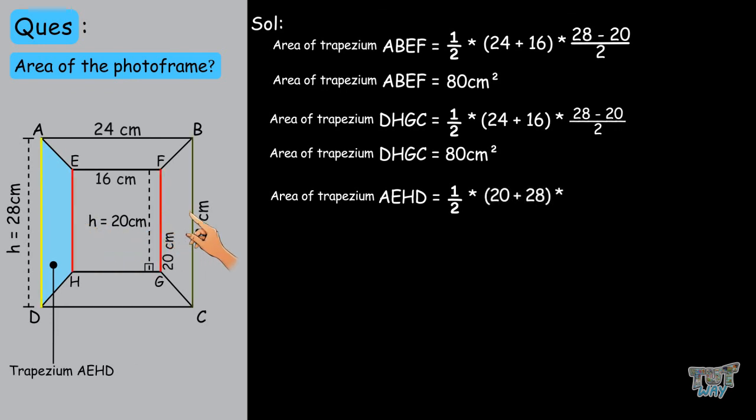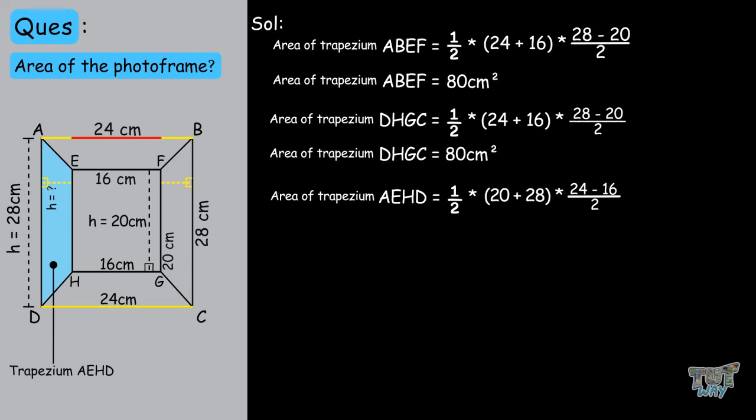And the height is 24 minus 16 divided by 2, because you can see that the height of this trapezium would be the difference of these 2 sides, side DC and HG, divided by 2. Because DC minus HG is the total height, and then we have to divide by 2 to get the height of the 2 trapeziums.